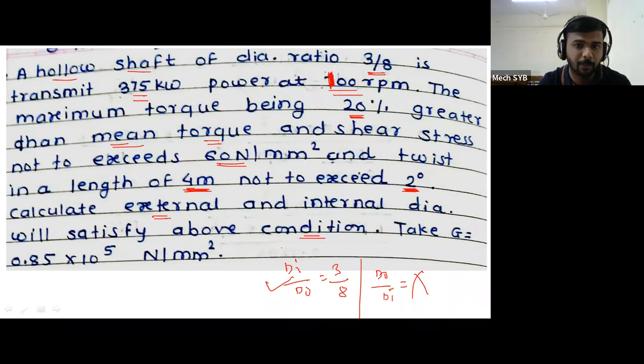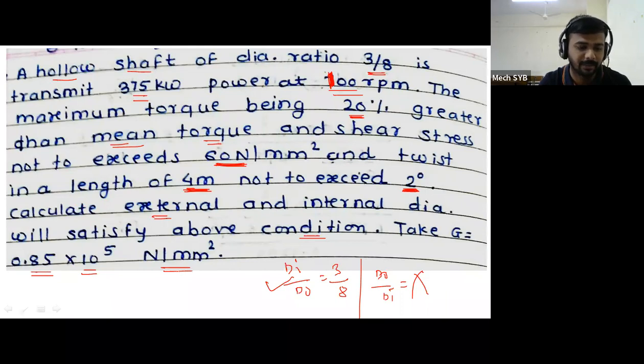What is the meaning of that? Because in this particular statement, shear stress is also given, angle of twist is also given. So we have to calculate the diameters by using both concepts, and from that we have to consider the maximum value for designing the shaft. Take capital G is equal to 0.85 into 10 raised to 5 Newton per mm square.